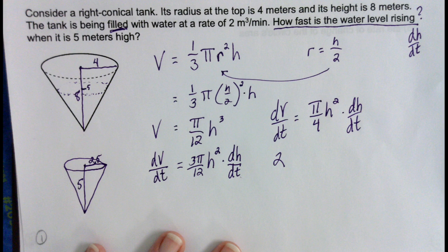Well, all I'm going to do is get this by itself. That means it's this divided by this, right? So 2 meters cubed over minutes divided by pi over 4 and then 5 meters squared.